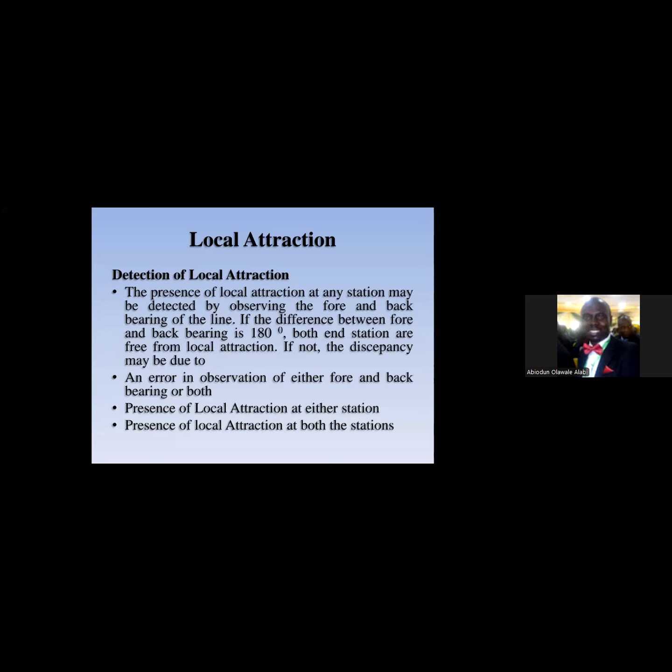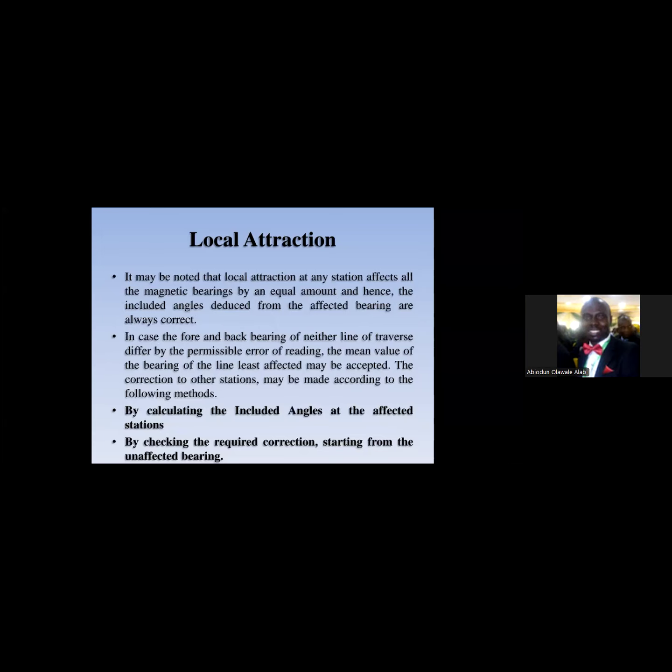And sometimes local attraction can be on both stations, that is on both point A and B. It's possible, or at any of the stations or points. So it is now left to you to determine where these local attractions are at each of your traverse points, and see how you can detect it and eliminate those local attractions.